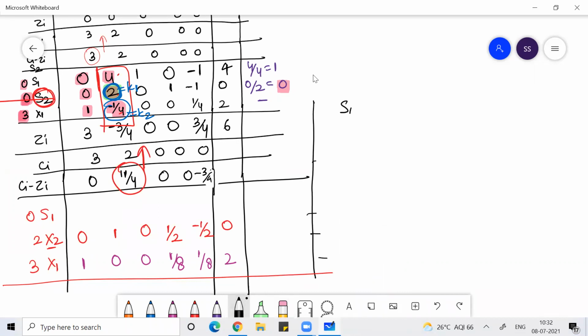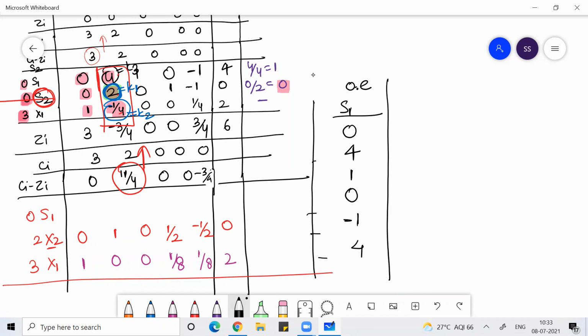S1 old element is 0, 4, 1, 0, minus 1, 4. The constant is 4.